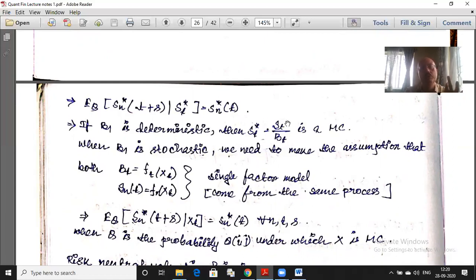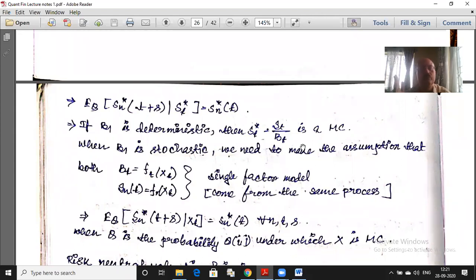Then the calculation will also go through for ST. Because whatever adjustment for BT I need to make, that will be in terms of a constant discounting, 1 plus R power of T. So it will not change any of these properties. But we can say something more. We can say that even when the bank process is stochastic, we can still have this property go through, but with further simplifications.